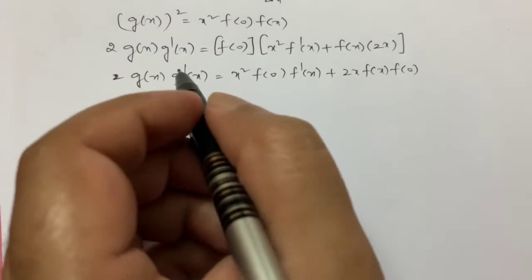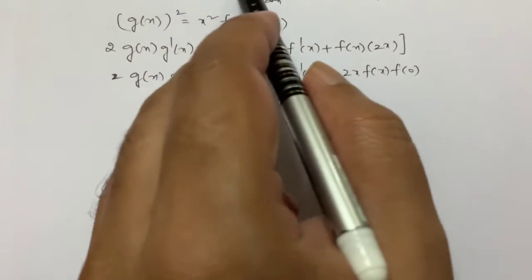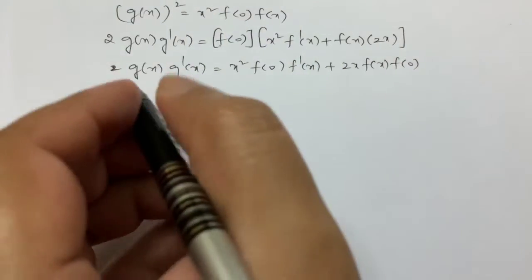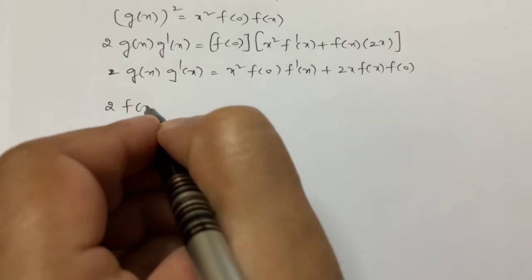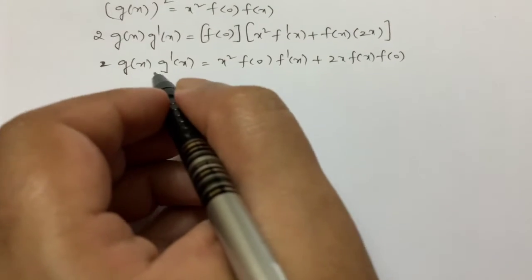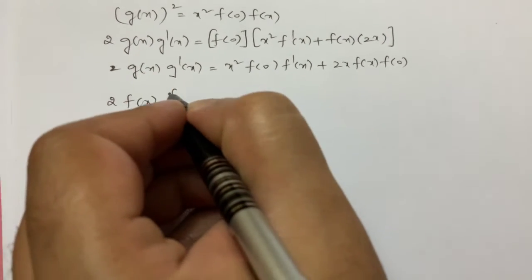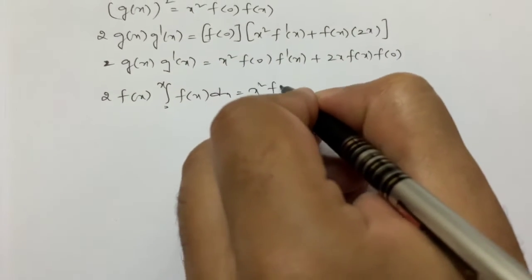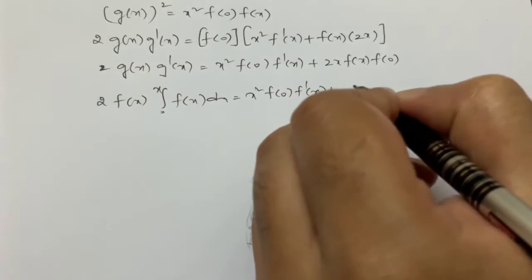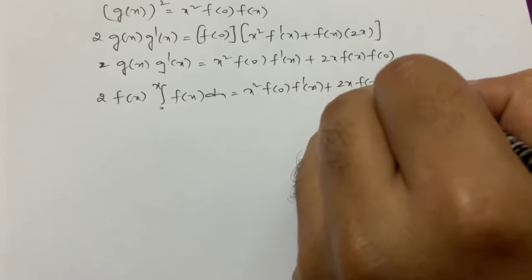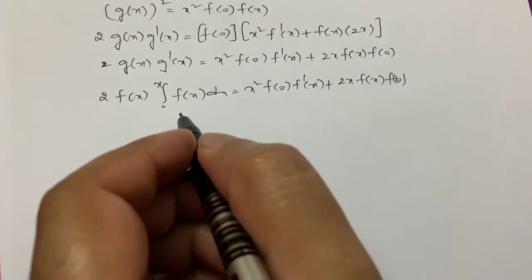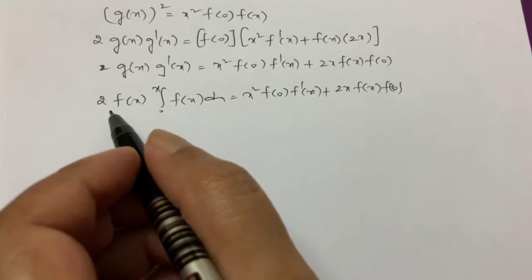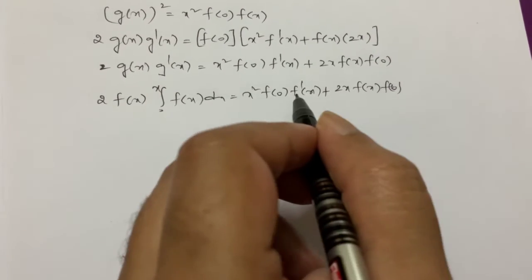Okay, so g(x) is ∫₀ˣ f(x) dx, and g'(x) is f(x). So 2 f(x) into ∫₀ˣ f(x) dx = x² f(0) f'(x) + 2x f(x) f(0). And if I want to simplify this further, divide this by f(x) first.